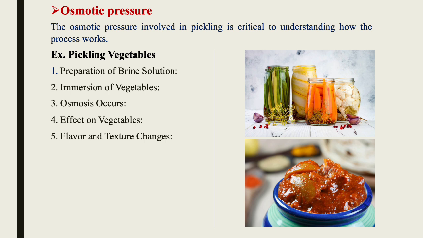The pickling process generally starts by preparing a brine solution, which typically consists of water, vinegar, salt, and often sugar and spices. We generally add some oil, vinegar, salt, and often sugar and spices.